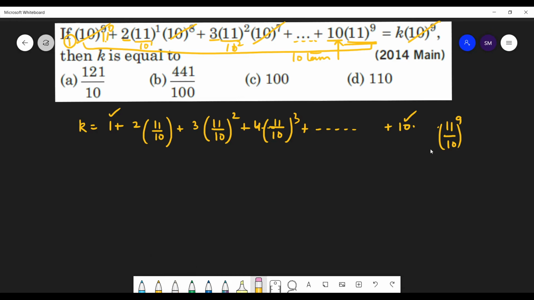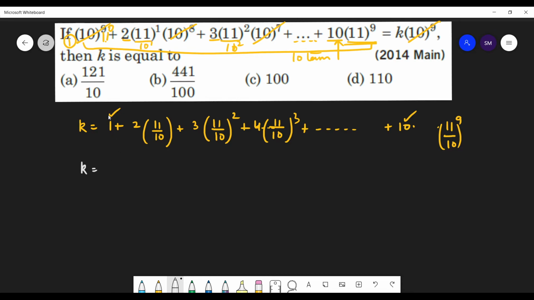Yes, sir. So here 10 is for 0. I have removed that. That is of no use. Now the question is simple. Now the series is simple. Now what can you do? You can do two things here.